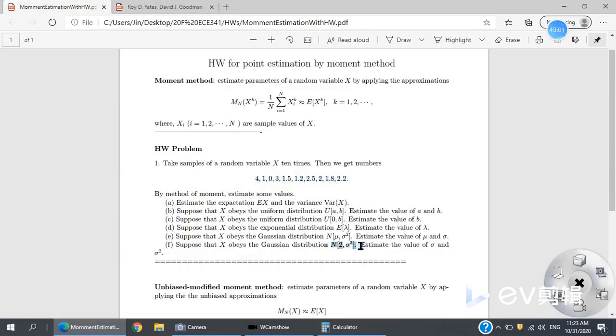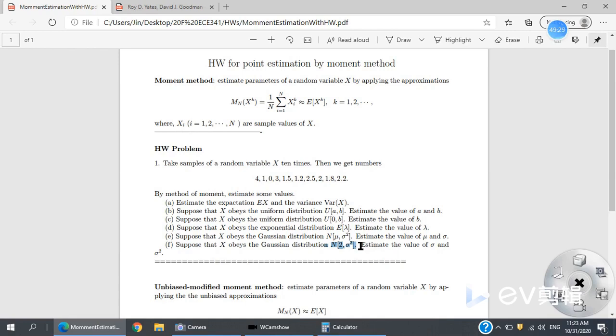Suppose this one. For this one, we cannot use the variance formula with EX squared. We cannot use EX squared minus (EX) squared to equal the variance, right?